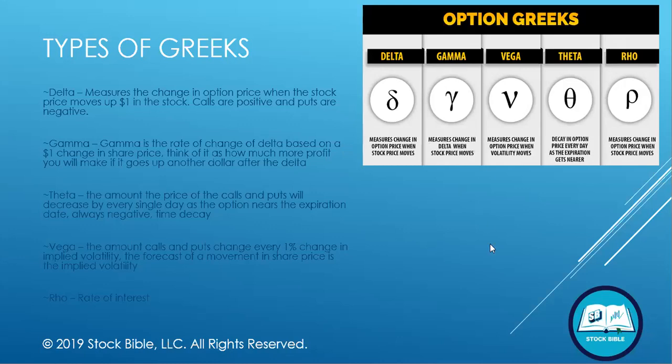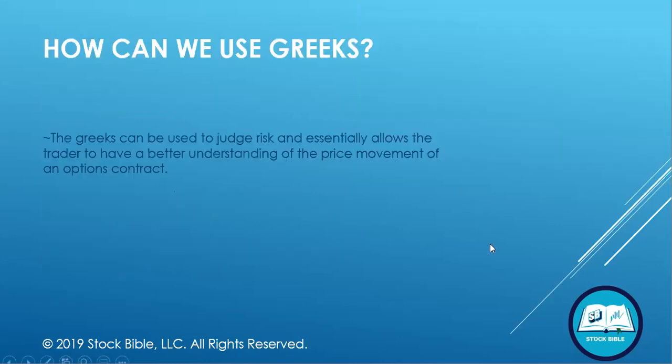So moving on here. How can we actually use these Greeks when we're trading? The Greeks can be used to judge risk, and they basically allow the trader to have a better understanding of the price movement, like I said before we went into the 5 different variables.